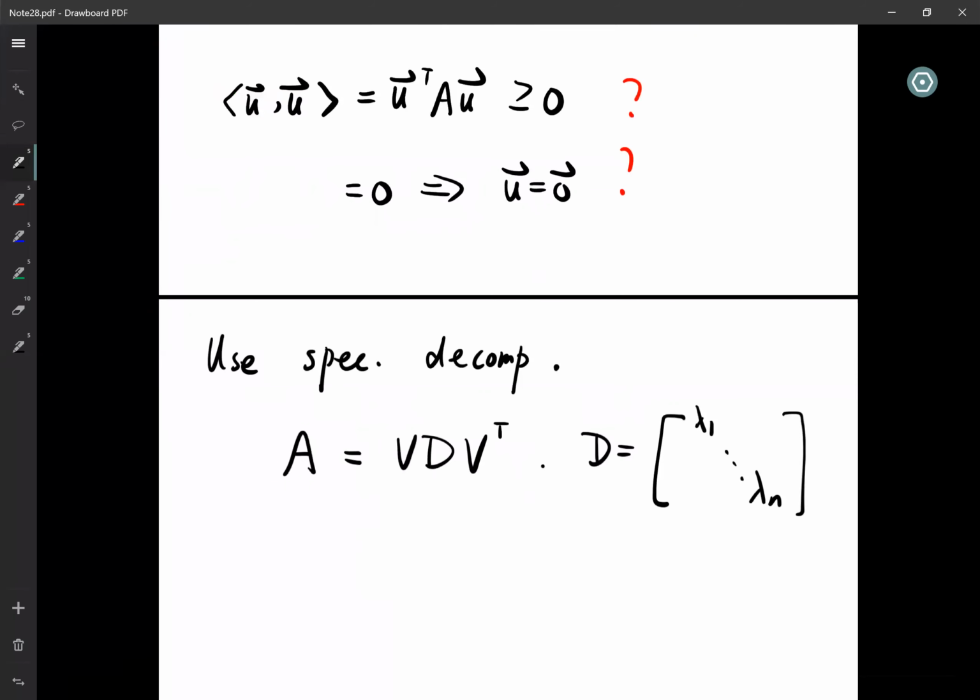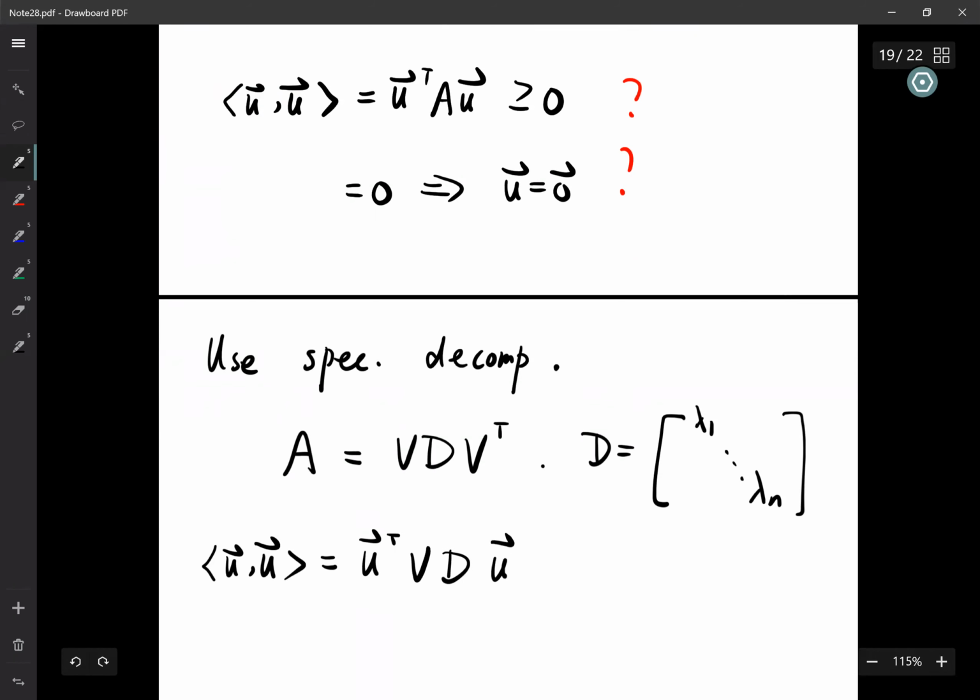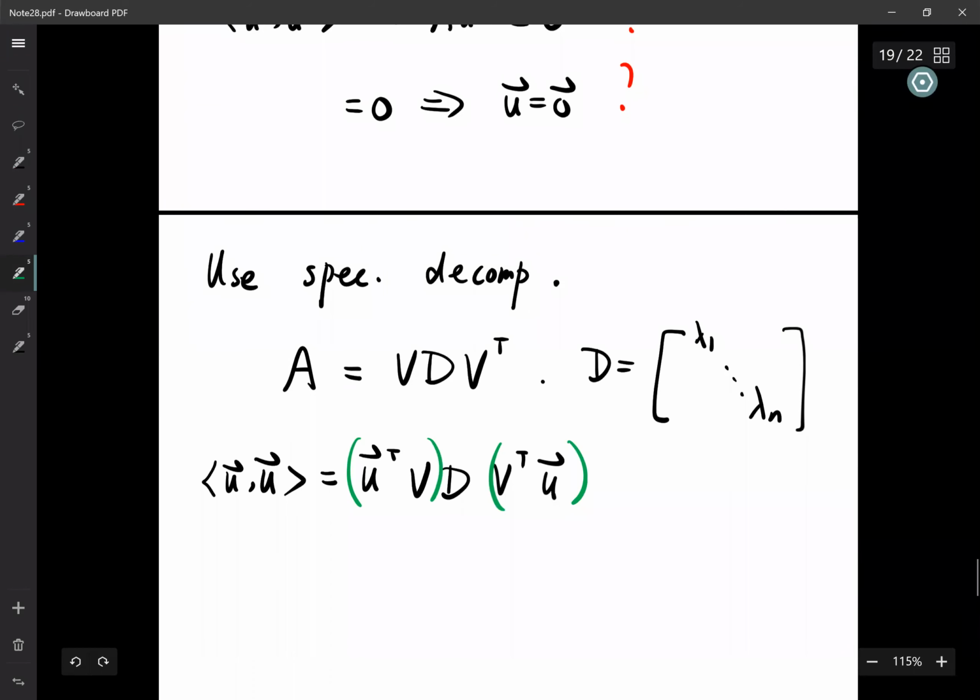Now I look at (u, u). This is equal to u transpose V D V transpose u. I group this part and this part, and I call this one W. W is V transpose u.